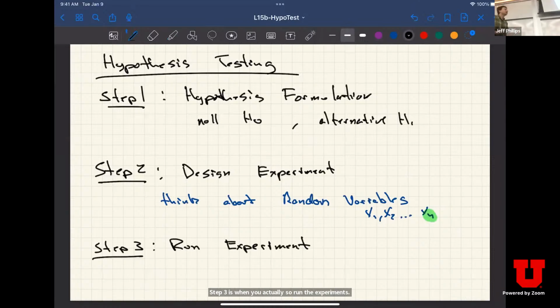Okay, when you actually run the experiment, then you collect data.